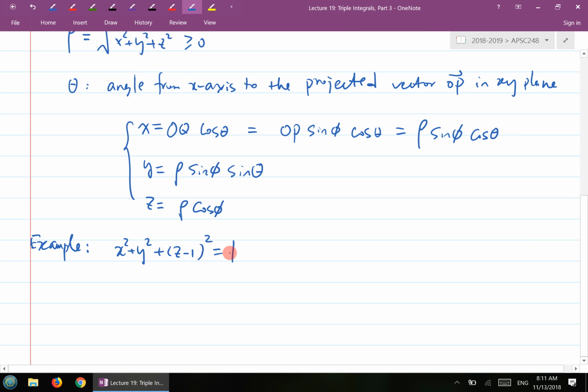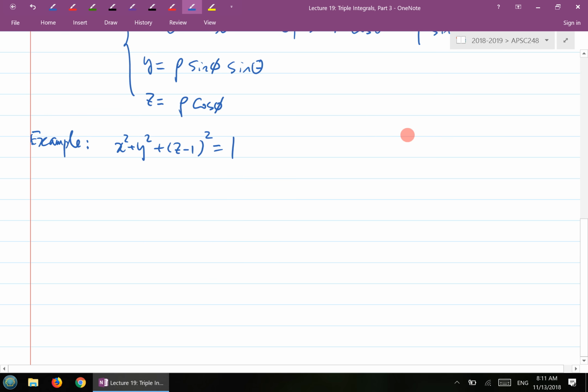Here is a sphere, expressed in Cartesian coordinates. The sphere has a center at (0, 0, 1), and its radius is 1. So we can sketch this sphere.